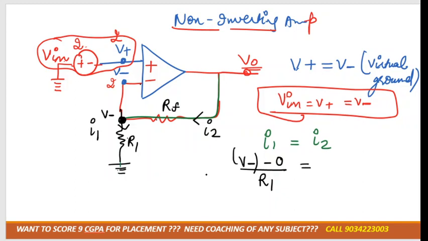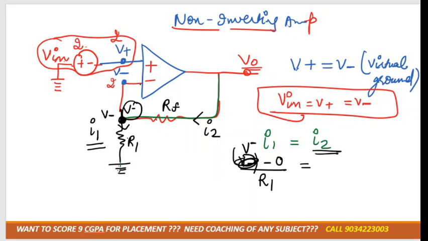See, I told you, nodal analysis: I1 is the current flowing from which node to which node. It is moving from V negative to 0. So you can write it down like this: V negative minus 0.